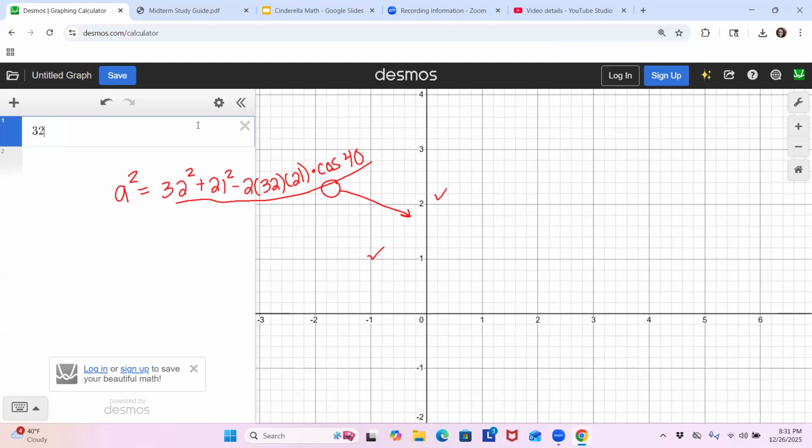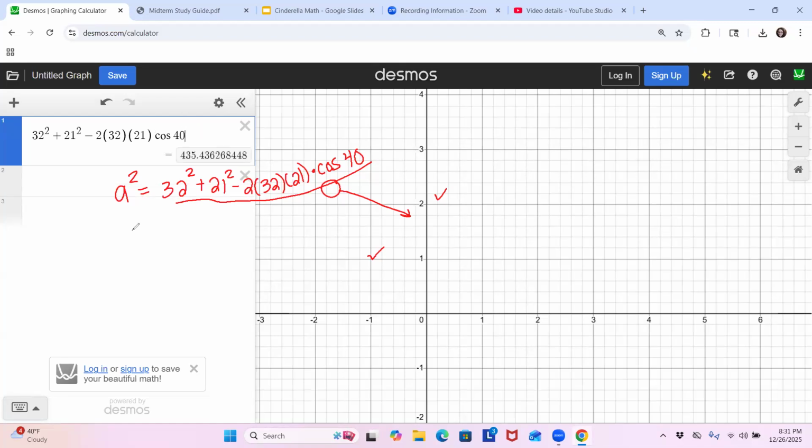Okay, so we have 32 squared plus 21 squared minus 2 times 32 times 21 times cos of 40. Make sure you're in degrees.